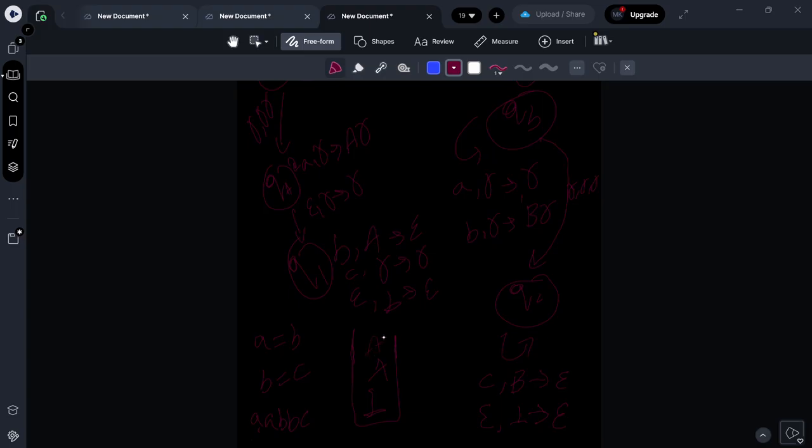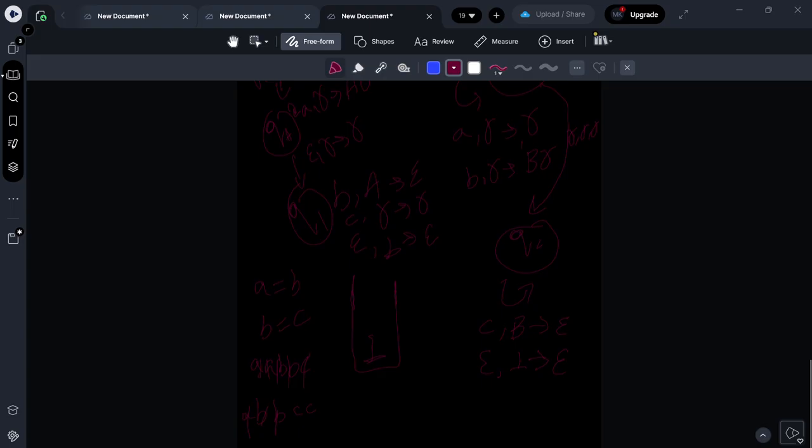You read another A, because there are two A's, then you go empty and you go reading B. The moment you read a B, you remove an A, you remove another A, and for C, whatever was on the stack, you put it back, and then you also read C. So basically, A is dependent on B, and for C, we just have an empty rule, where if you read C, whatever is on the stack, whatever is on the word, put it back. Meaning you just have an empty transition there.